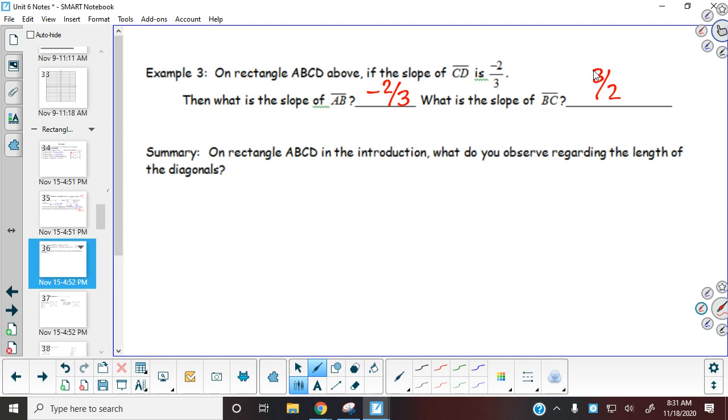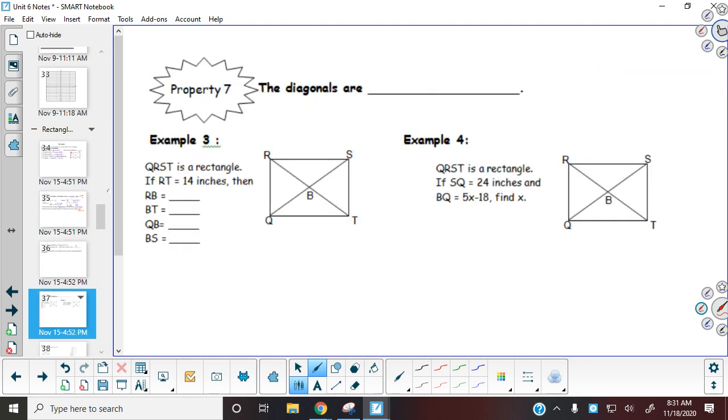If you look at the coordinate intro on a rectangle, what do you observe regarding the length of the diagonals? So hopefully you recognize that the diagonals in a rectangle are going to be congruent. So again, we still have that the diagonals bisect each other coming from the fact that it's a parallelogram, but now we also have this additional property that those diagonals are going to be congruent.